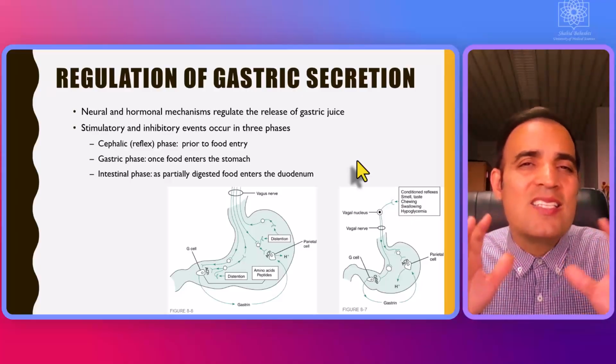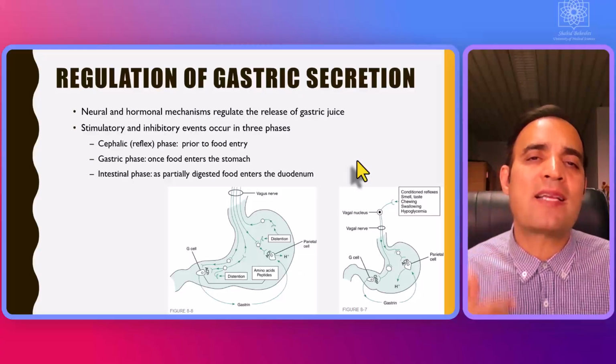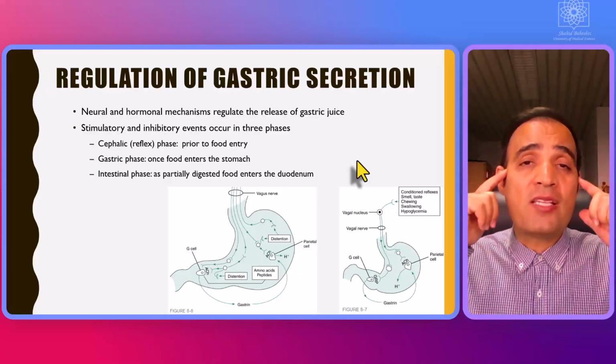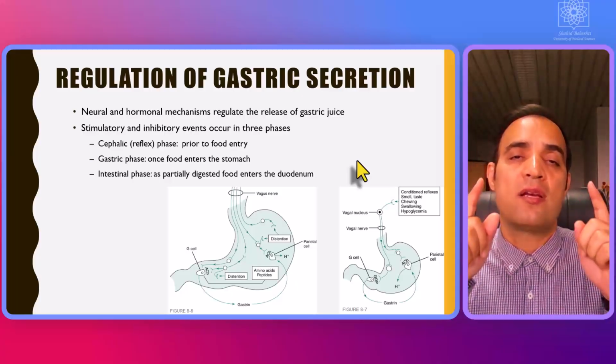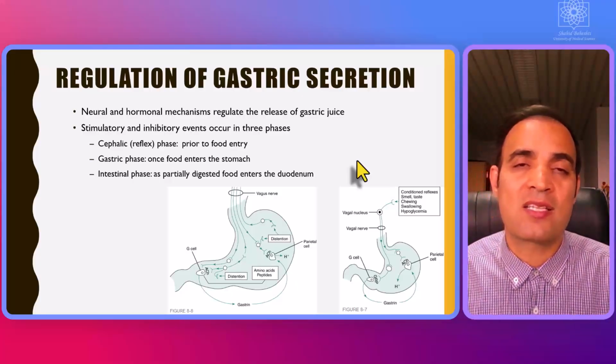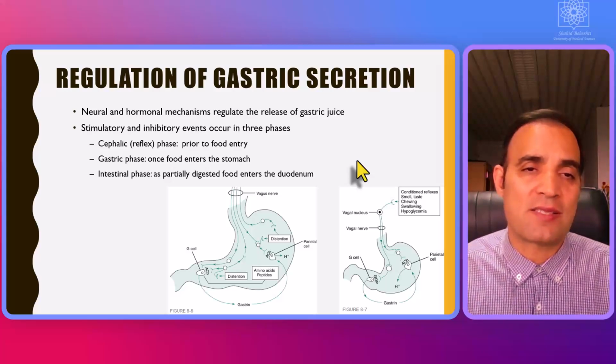These factors inhibit acid secretion, inhibit gastric secretion. Therefore, the brain is able to either stimulate or inhibit gastric secretion in advance.